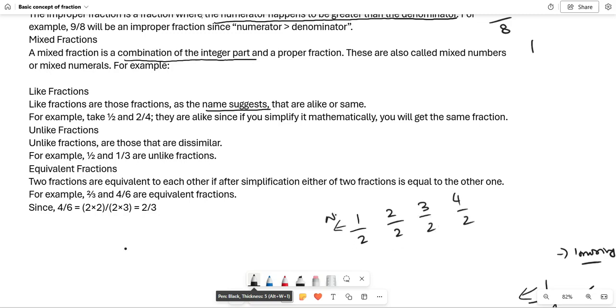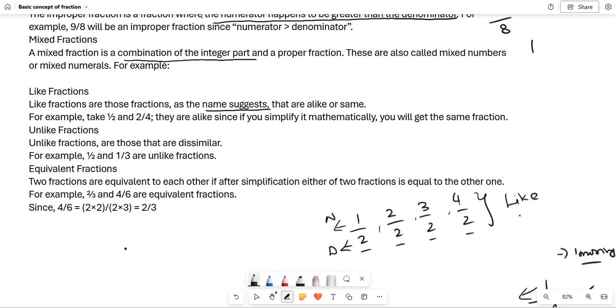The upper part is the numerator and the lower part is the denominator, as we already know. If the denominator parts are the same, fractions of this type are called like fractions.